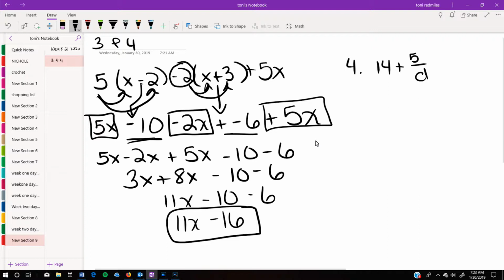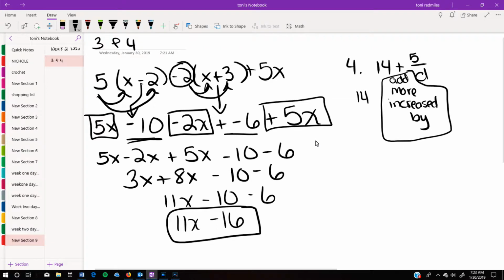All right, I need to write this in a word phrase. So I could write this 14. This could be add. I could use the word more. I could use the word increased by. There are a lot of different words I can use, but it's going to be 14. Insert your word. Then we could put the quotient of, or probably a better term would just be divided by or per.